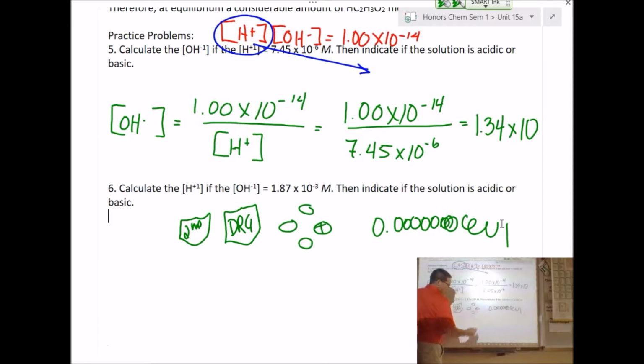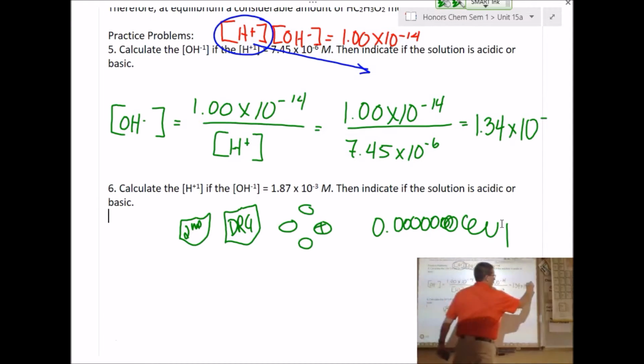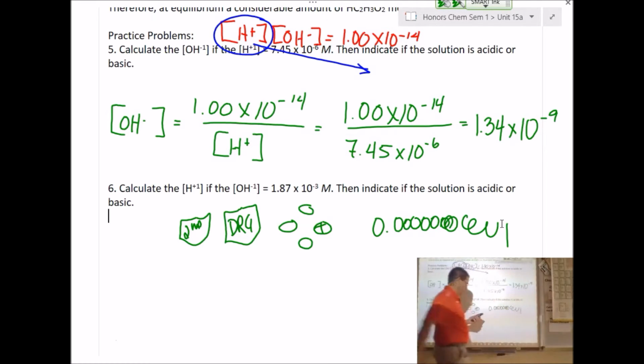Hit this guy, and then you should get something like times 10 to the negative 9. So do you want us to change the sign? I mean, if you get a bunch of zeros, yes. Because if you had a whole bunch of zeros and then a 1, that's not the same thing as this.